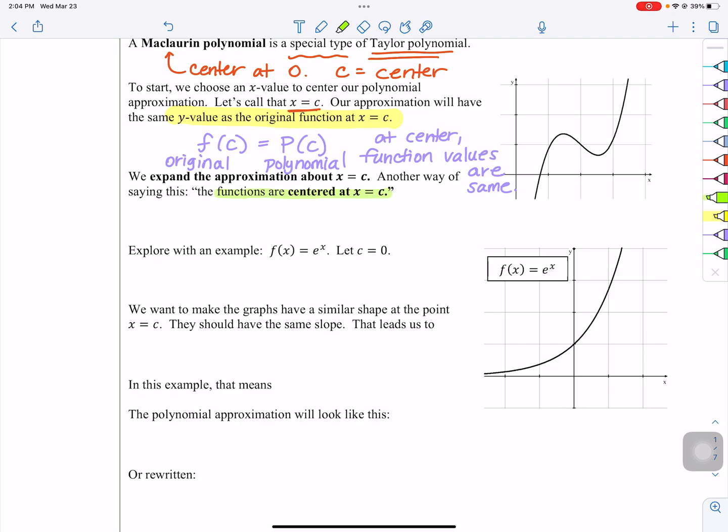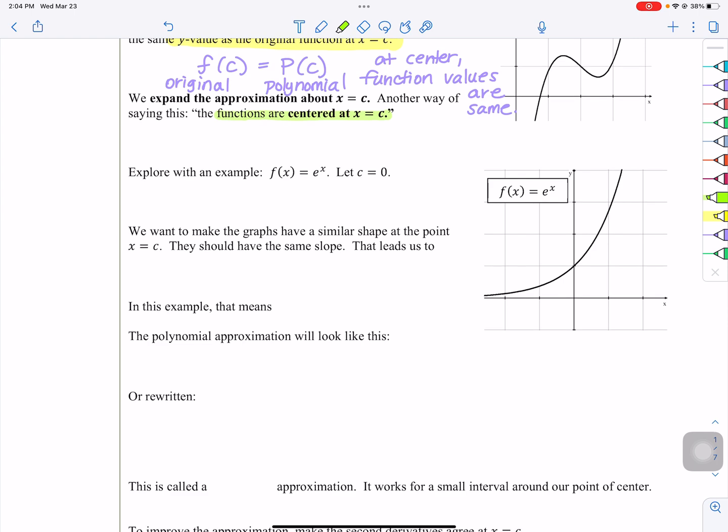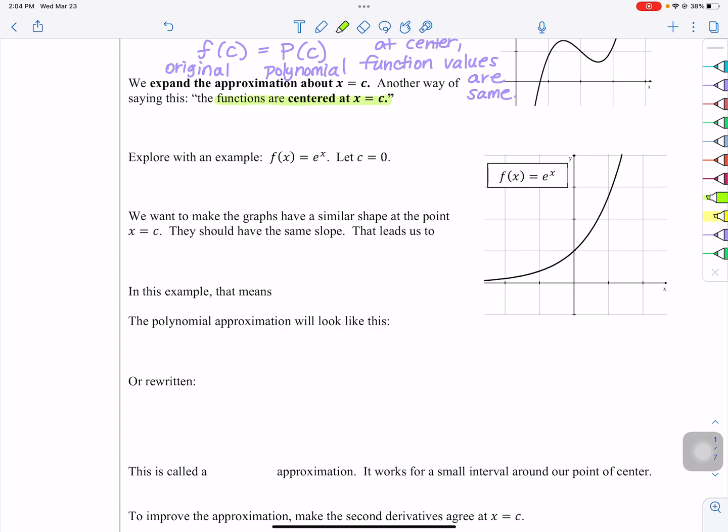Okay, so let's try a basic example and build on that. We will begin with f of x equals e to the x, and we are going to have the center at 0. So what do we know?